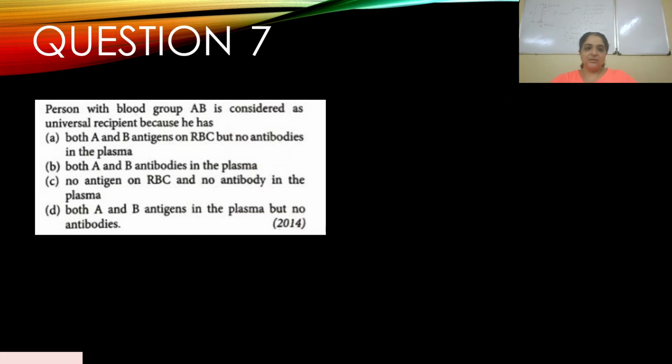No. D, both A and B antigens in the plasma but no antibodies. No. The answer should be A. And of course, this question appeared in 2014. So let's look at the explanation.